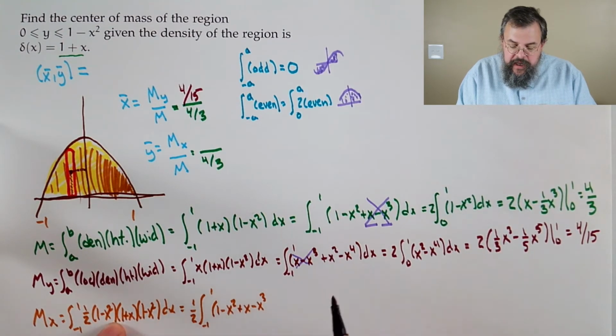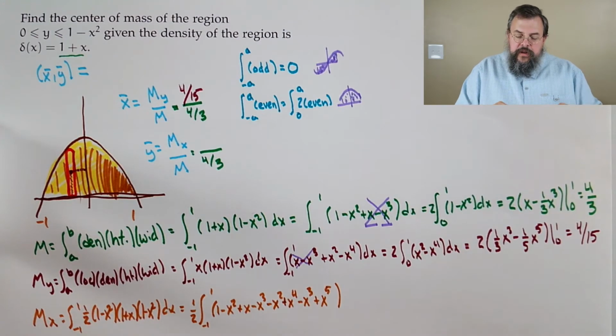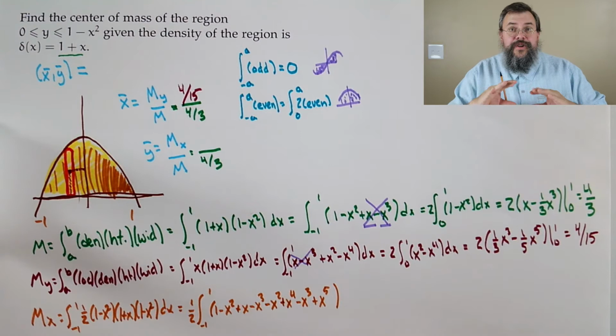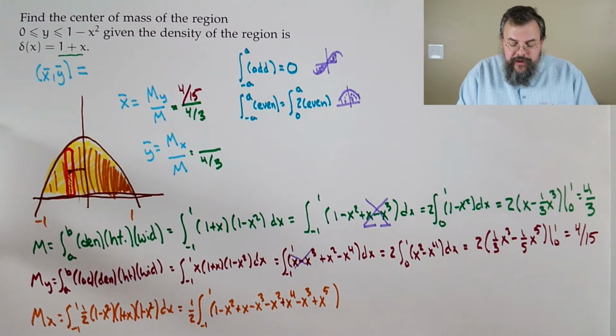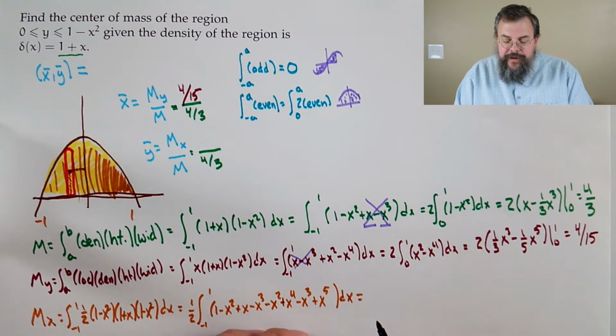And then we'll multiply it by negative x squared. So minus x squared, minus times minus makes plus x to the 4th, minus x cubed plus x to the 5th. Okay, so if you multiply it all out and you didn't bother to group terms, that's what you'd end up with.